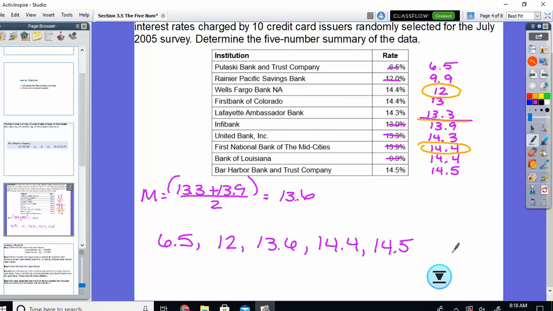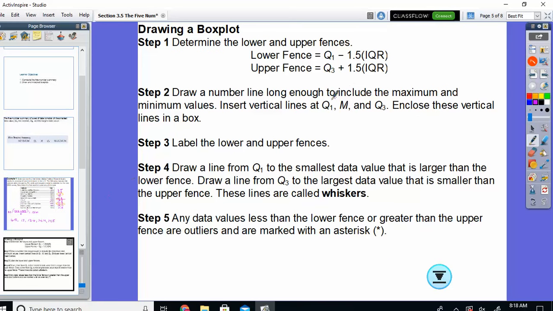Next example. This is just talking through the steps of what we will have to do when we draw box plots, so it's up to you what you necessarily write down from here. The first thing, we are going to have to find the upper and lower fences. You don't really have to write down that formula again, it's on your formula sheet, we've already done it, but we need to know those so we know any outliers.